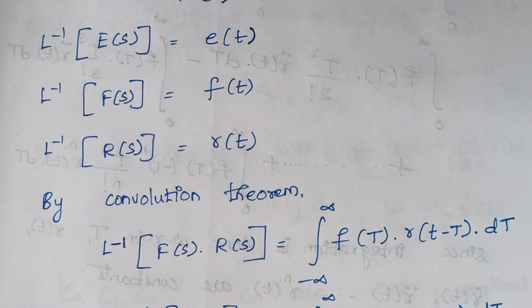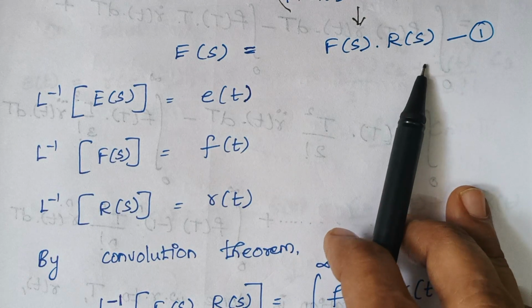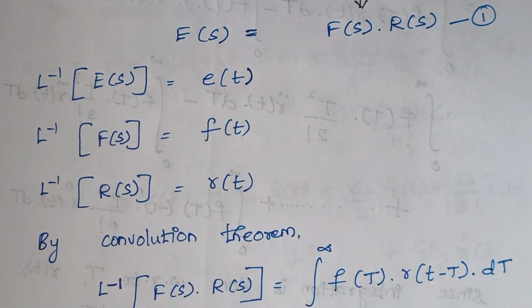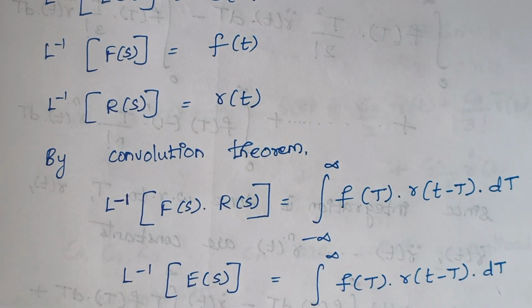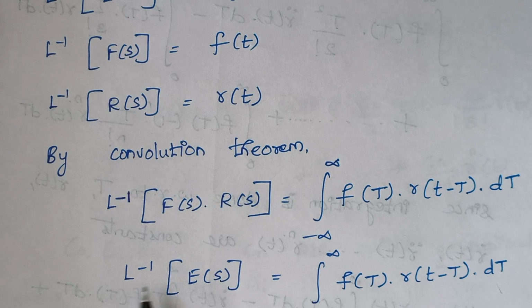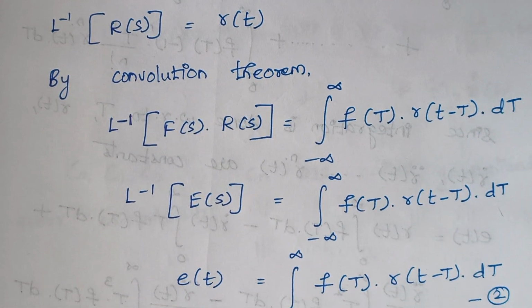So, we know F of s into R of s is nothing but E of s, right? So in the next step, I am replacing this F of s into R of s as E of s. And as we all know, inverse Laplace of E of s is nothing but our E of t.